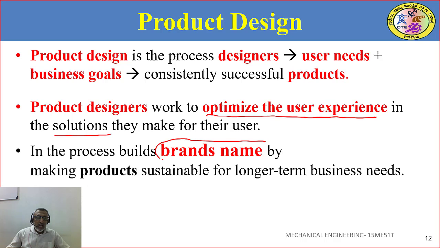This brand name helps the company to have a reputation and sell the products more comfortably. For example, people buy iPhone, even if it is much costlier. That is because of the brand name, and because of the optimized customer experience they have provided previously to the customers. So this will lead to products which have a longer life cycle, the longer usage by the customers.